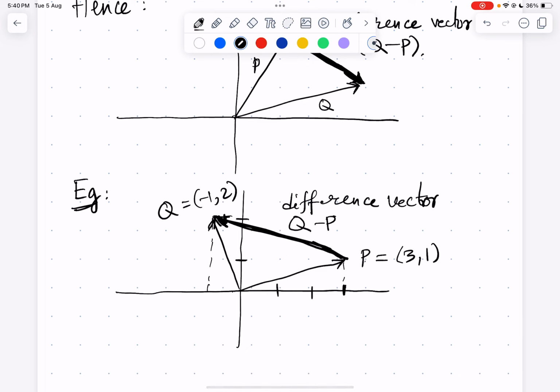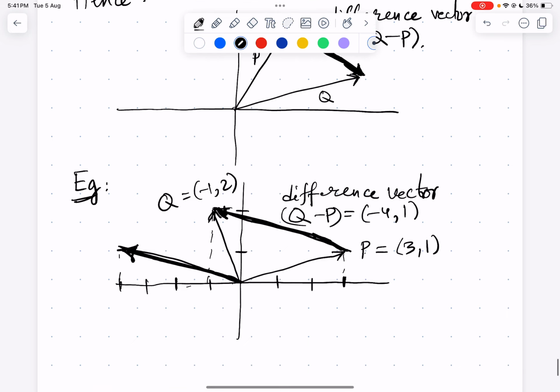Q minus P is equal to minus 4 comma 1. So the difference vector is just the vector minus 4 comma 1.